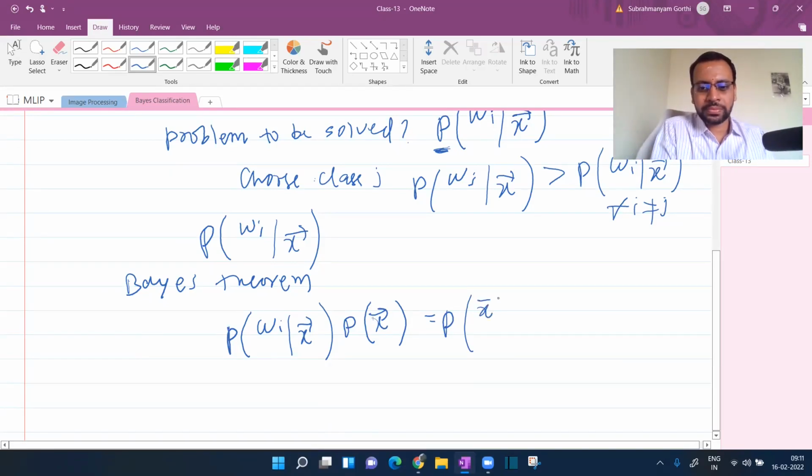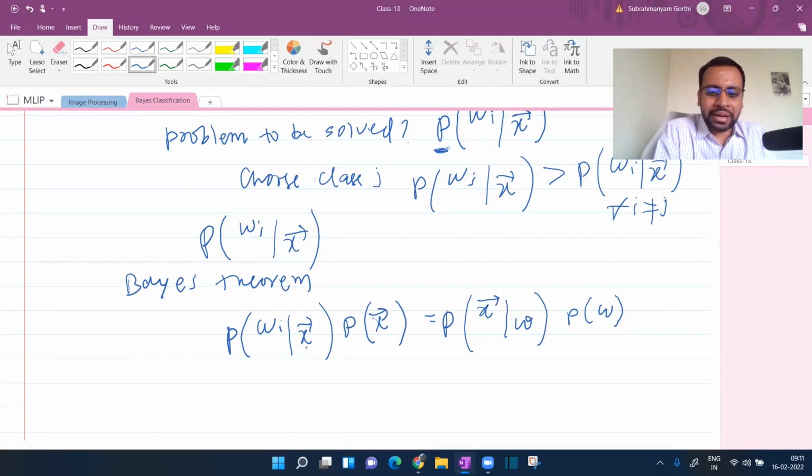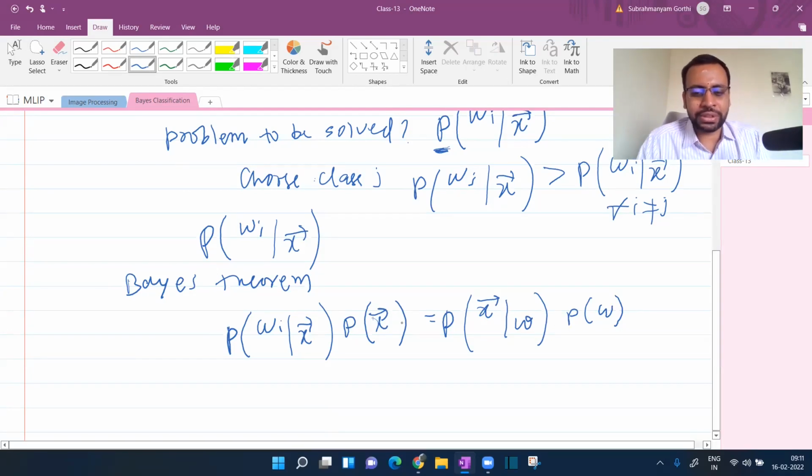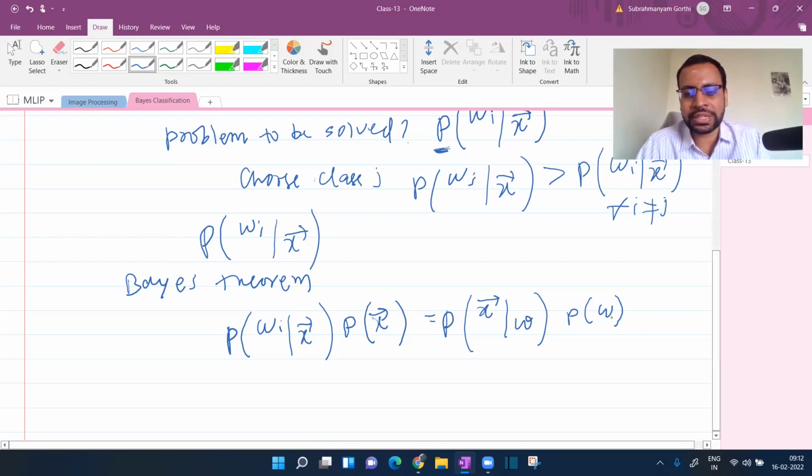Sir, here it will be probability of x bar given omega I into probability of omega I. That's right. So when you have a conditional probability there, probability of omega I given x bar multiplied with the probability of x bar is exactly equivalent to probability of x bar given omega I multiplied with probability of omega I. It is given omega I, and with that probability you multiply it here.